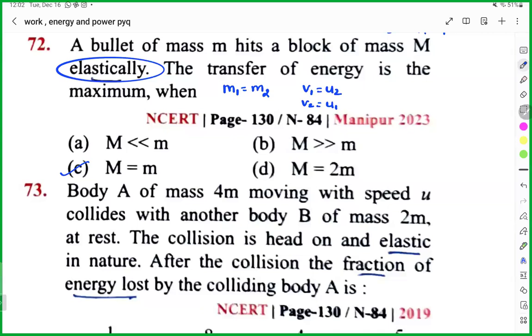So what we are saying is that transfer of energy will be maximum. Transfer of energy means no loss of kinetic energy. That is the meaning of maximum transfer of energy. When mass is the same, you completely transfer the velocity. Like initially it was 60-40, later it becomes 40-60. No loss, perfectly the same velocity. Make sense, guys?